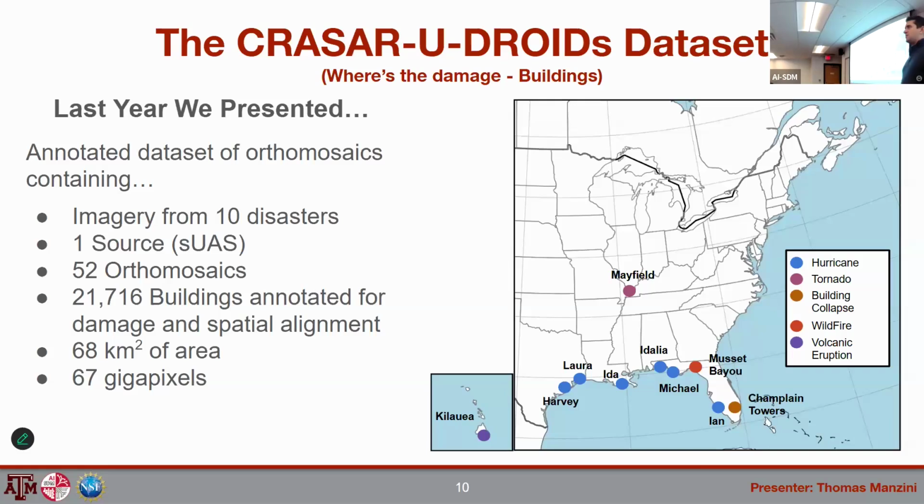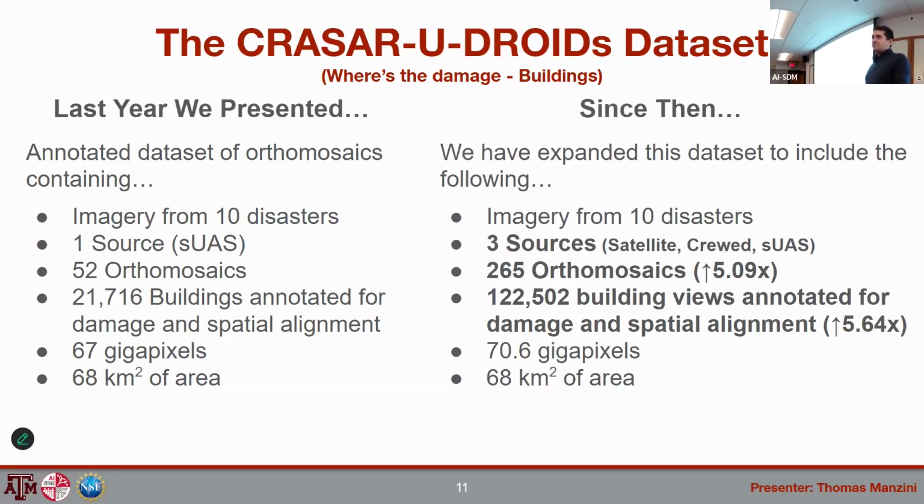Most of the imagery is captured from the American South, but we've also got the Mayfield, Kentucky tornado and Kilauea volcano eruption. So at the time, and still today, it's the largest and most diverse drone disaster imagery dataset available. And I'm excited to say today that we've had the chance to expand on it.